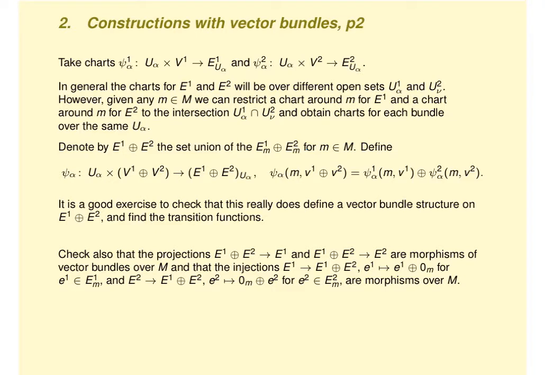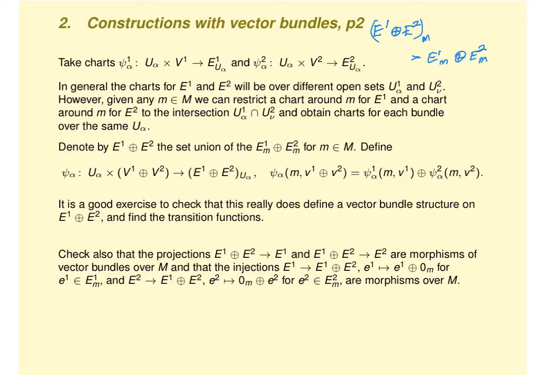So here's the process. I'm not sure if I actually wrote down, but what I have in mind, of course, is that the fiber of the Whitney sum over M will be the direct sum of the fibers. That's implicit in what I've said already.